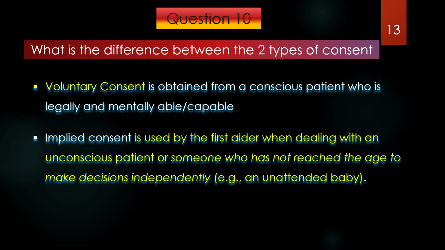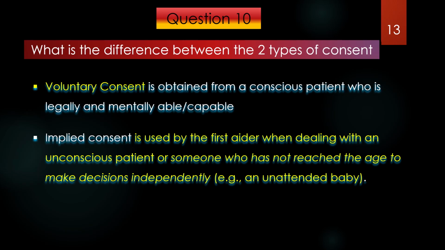Then the second one is implied consent, and this is the type of consent you use when you are dealing with an unconscious person or someone who has not reached the age to make decisions independently. A good example is when a baby is left unattended.